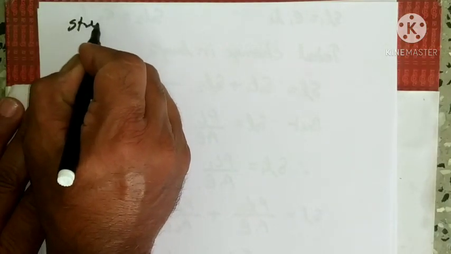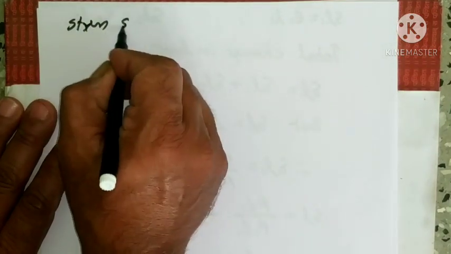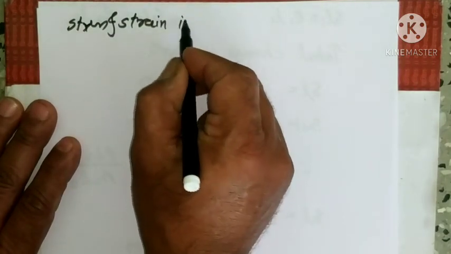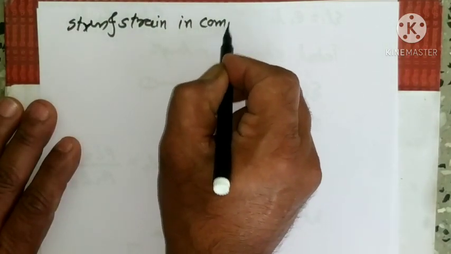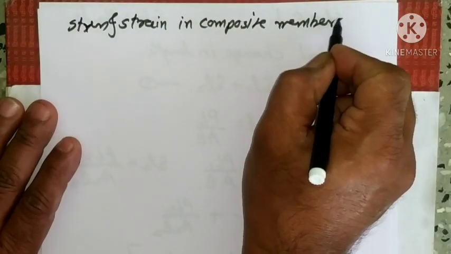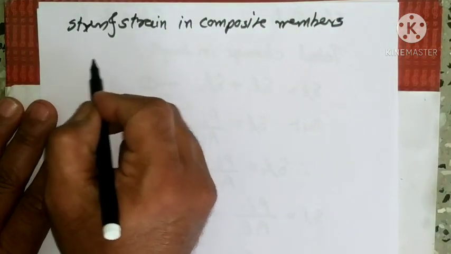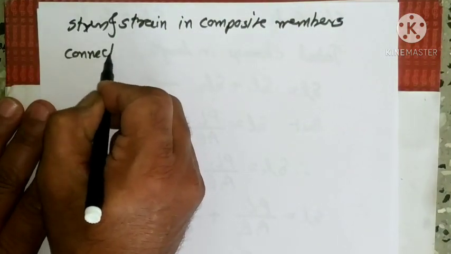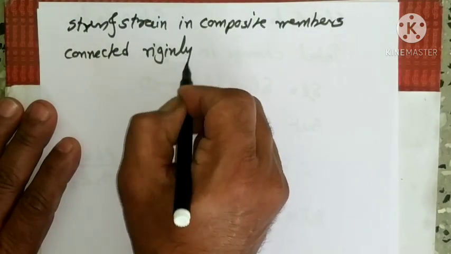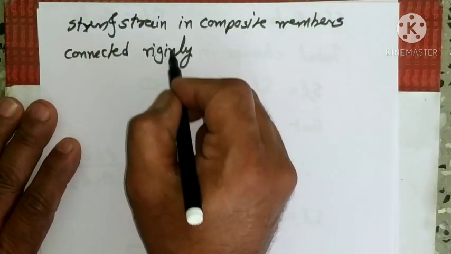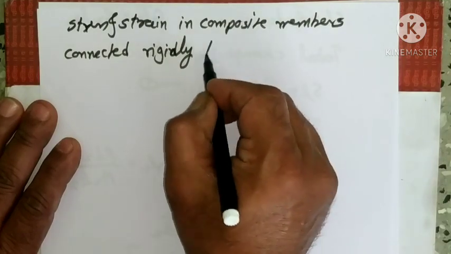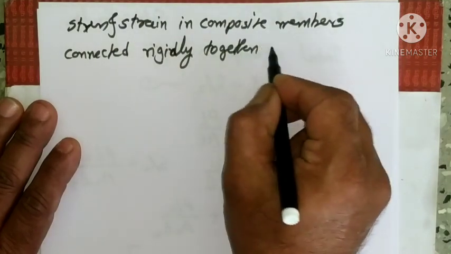Stresses and strain in composite member connected rigidly together in parallel.